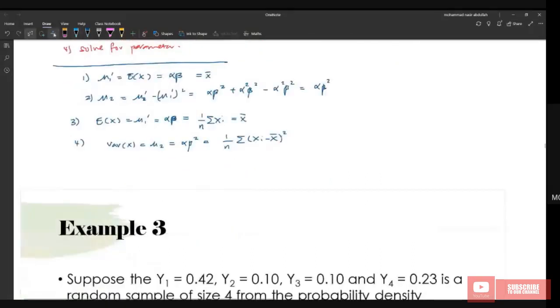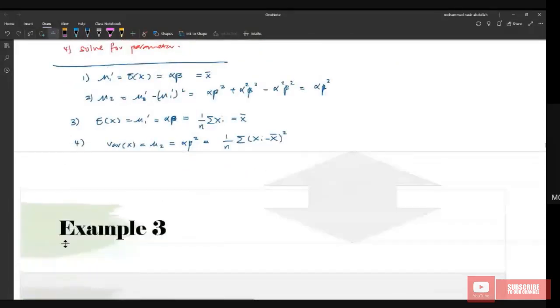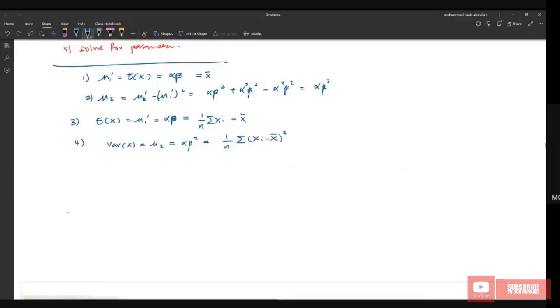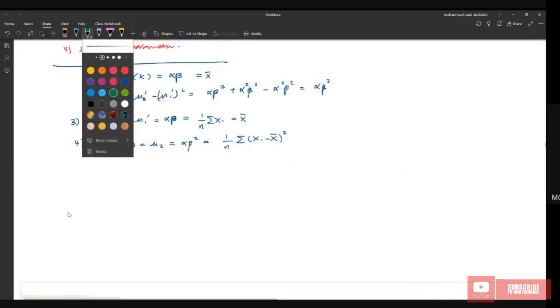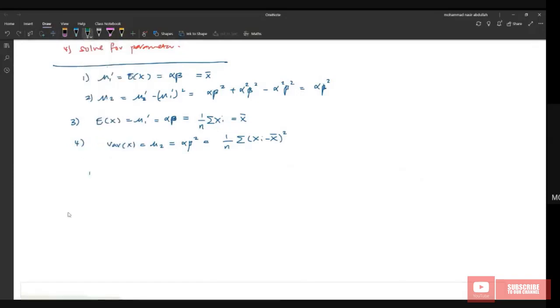And the last step is we're going to solve for the parameters. Let me use another color. The first equation is alpha beta equal to x bar, taken from the first moment about the origin. So alpha hat is equal to x bar divided by beta.